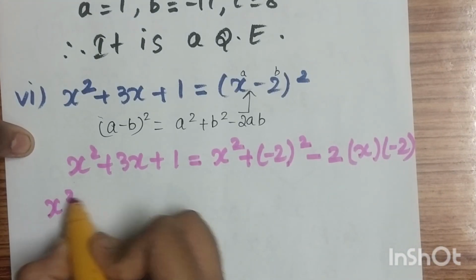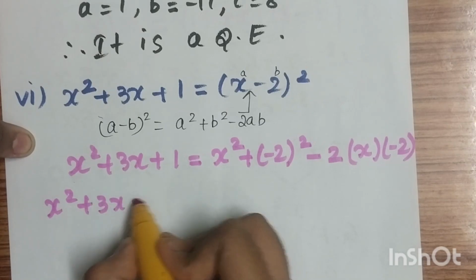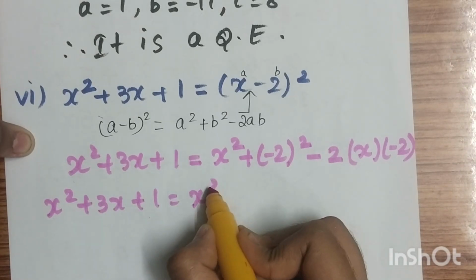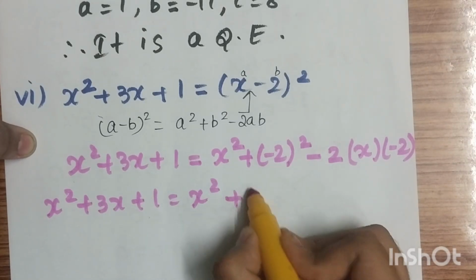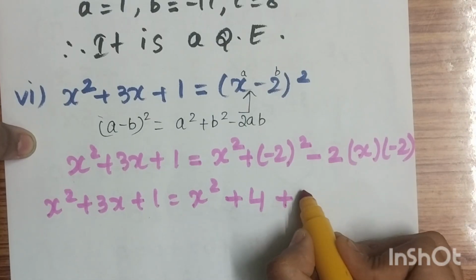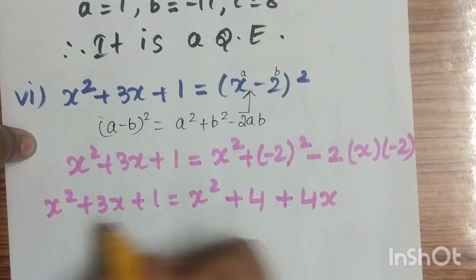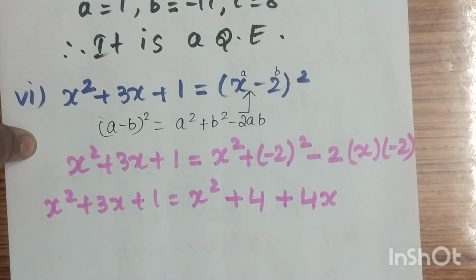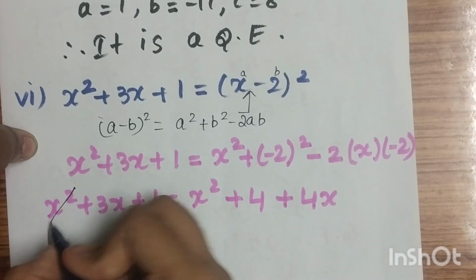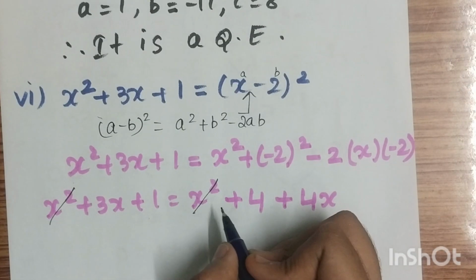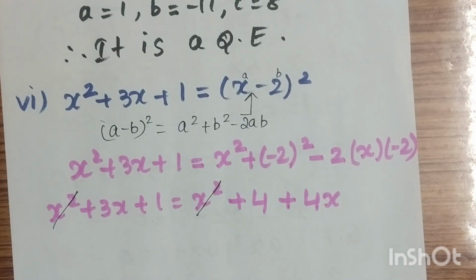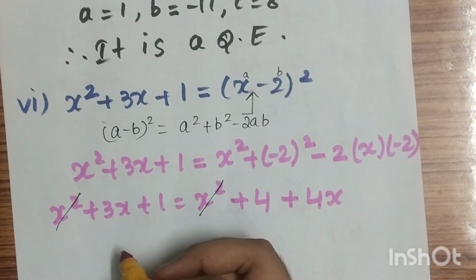So I'll be getting x square plus 3x plus 1 is equal to x square plus 4 plus 4x. Okay, now shift, before that. So here itself our x square term gets cancelled, so it is not a quadratic equation. Okay, because the degree, the highest power is not 2, but we'll simplify this.